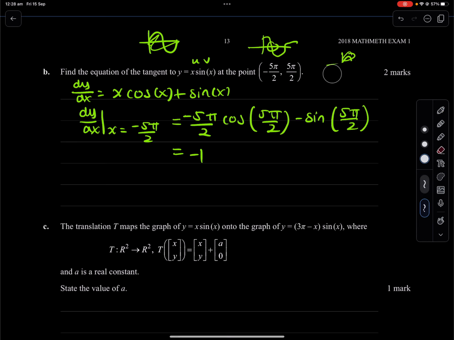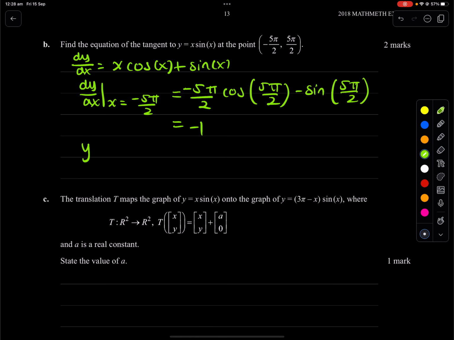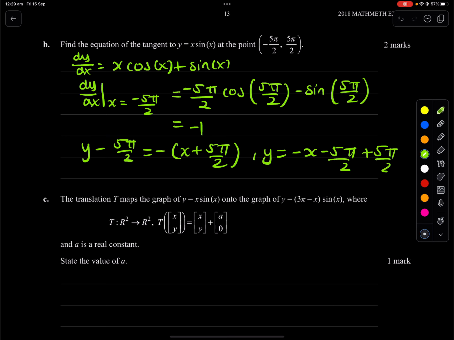Perfect, so that's your gradient. Now we have our gradient, it's easy, so y minus the y value equals negative x plus 5 pi on 2, which is y equals negative x, negative 5 pi over 2, plus 5 pi over 2. And these cancel out, so it's just negative x. That's your answer. Done.